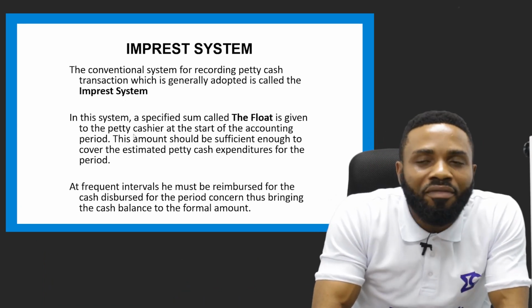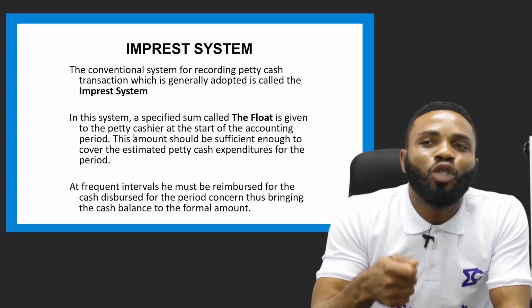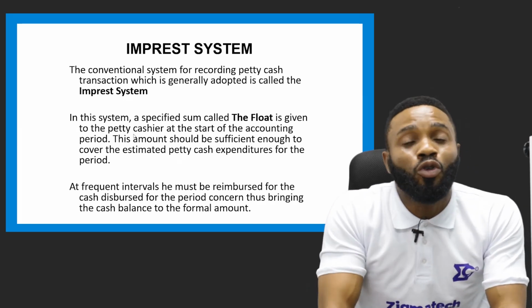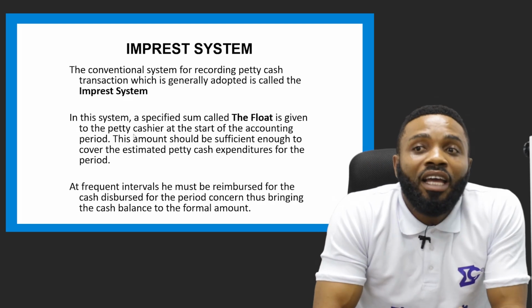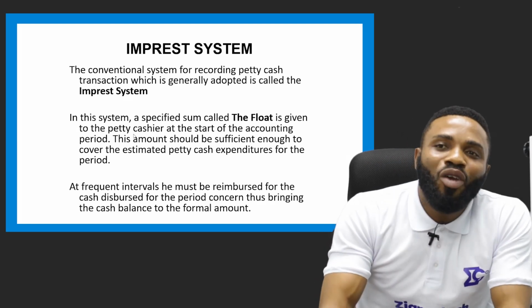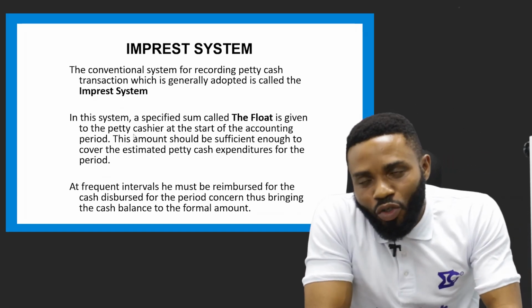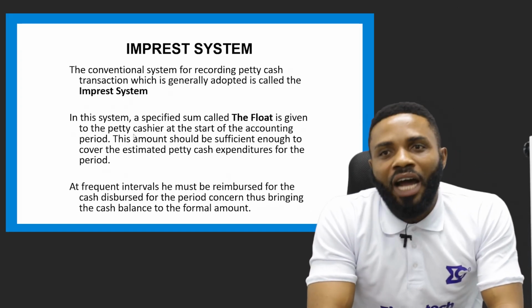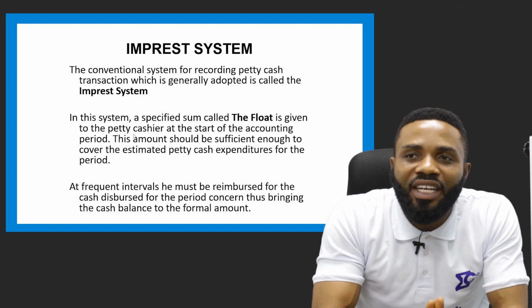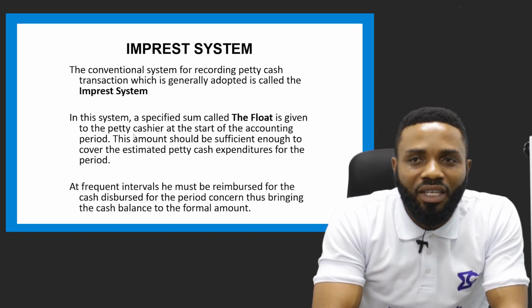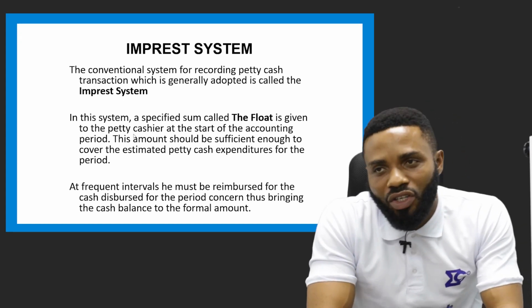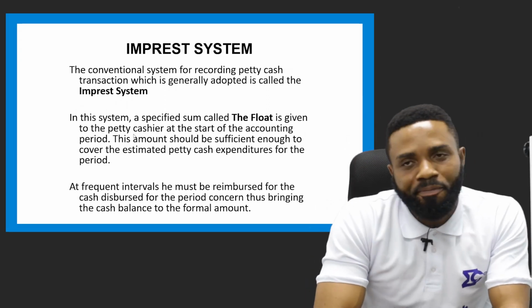It is believed that the petty cashier knows what to do with this money. That is why they call it a float, because the petty cashier is the only person that has what it takes, or the technicalities, to spend the money. So it is called the float. And this amount should be sufficient to cover the estimated petty cash expenditures for the period.